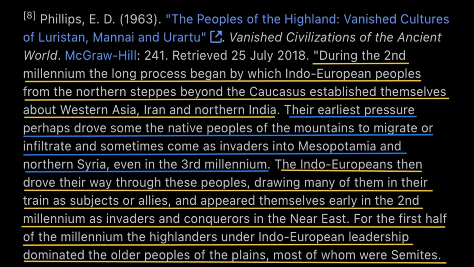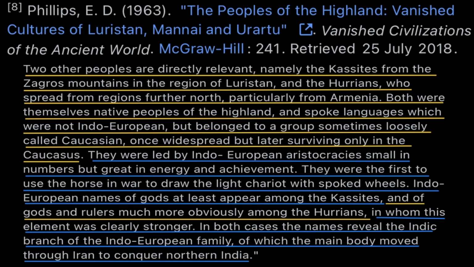They lived in the warmer parts, which is what the Book of Jubilees said, that Shem was in the warm areas. So, two other peoples are directly relevant, namely the Kassites from the Zagros Mountains in the region of Luristan, and the Hurrians who spread from regions further north, particularly from Armenia.